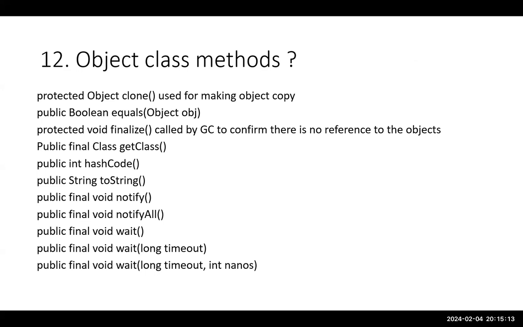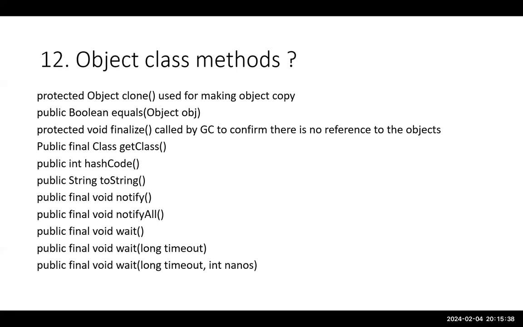Object class methods. Sometimes the interviewer will ask, what are the methods of the Object class? So you can say clone. You have used all these methods in your daily life, but these are methods that belong to the Object class: clone, equals, finalize. We use equals frequently, for example in string comparison.